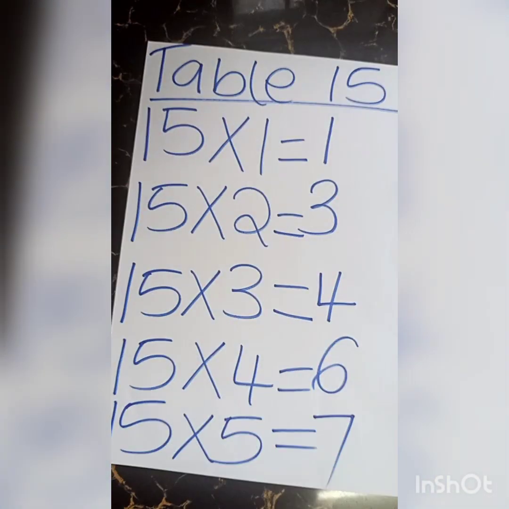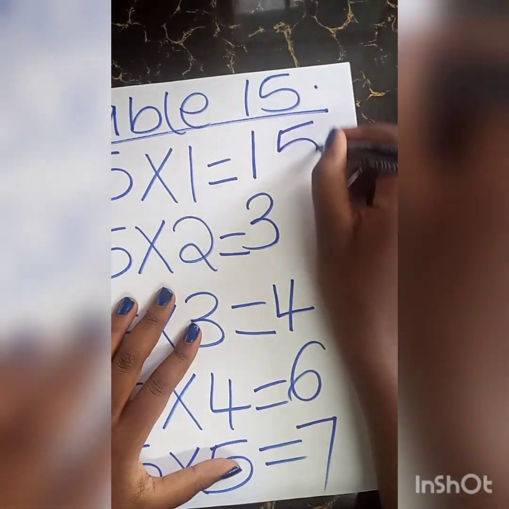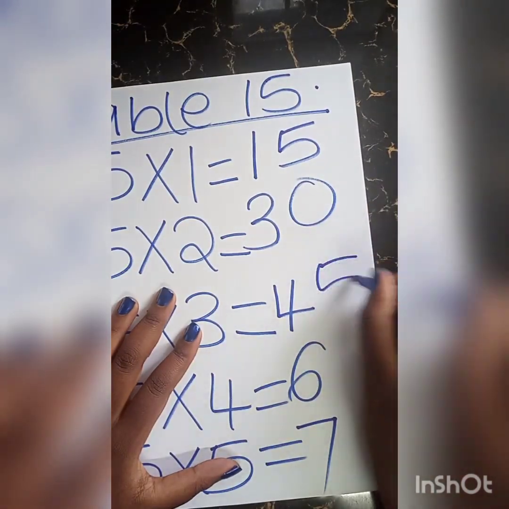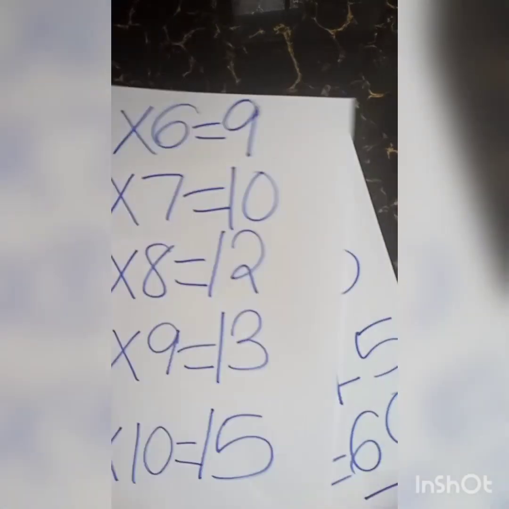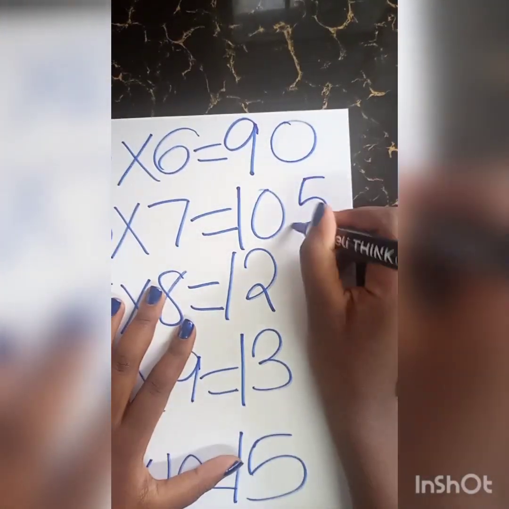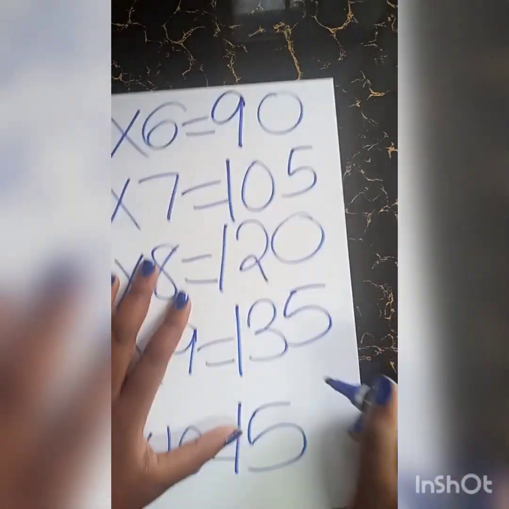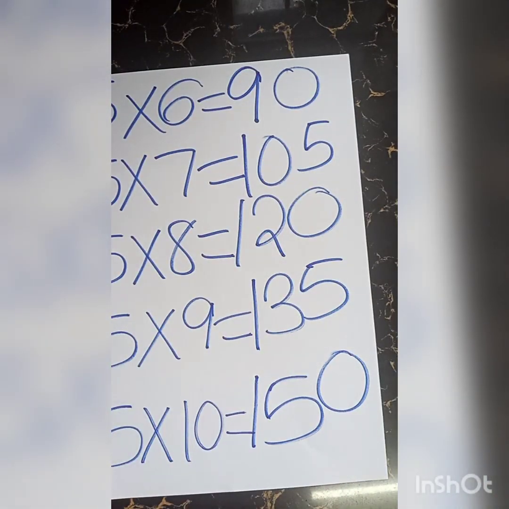So here, we'll start with 5, 0, 5, 0, 5, 0, 5, 0, 5, 0. Are we together? And just like that, you have your table 15.